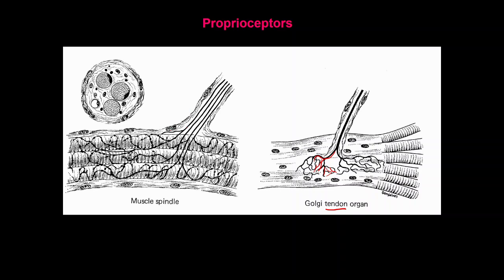is that there are also extrafusal fibers all around. So these organs, the muscle spindles, are actually in the muscle.